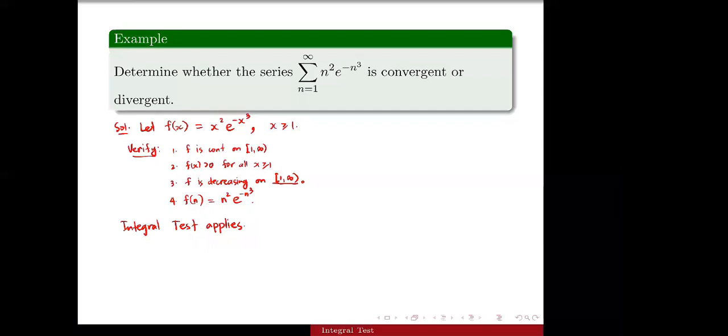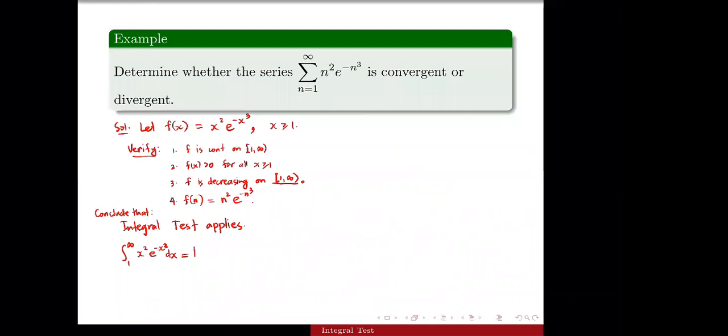So if after you verify, conclude that the integral test applies. And then we just move on to the improper integration here. So the integral from 1 up to plus infinity of x squared e to the negative x cubed dx.